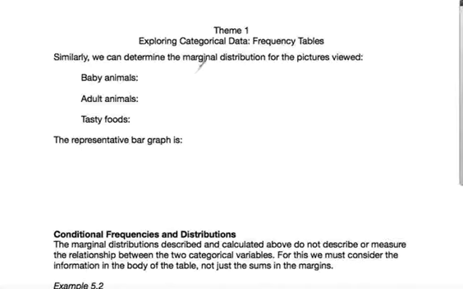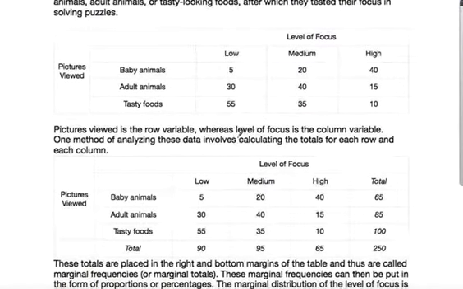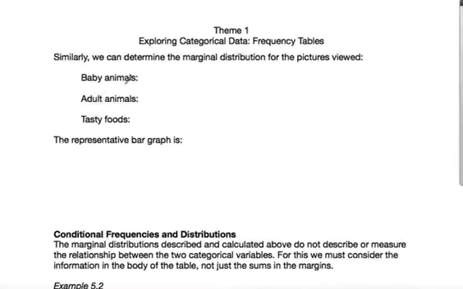Similarly, we can determine the marginal distribution for the pictures viewed. And so if you go back to the table, for baby animals, you had 65 of 250. For adult animals, you had 85 of 250. And for tasty foods, you had 100 out of 250.